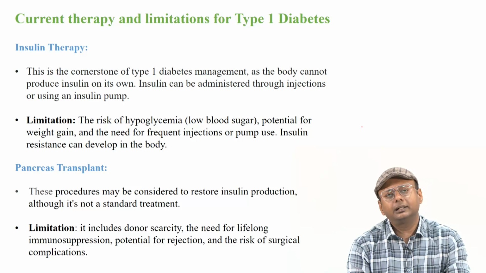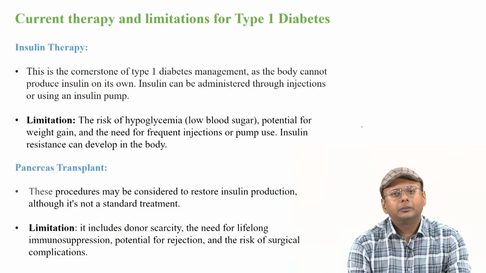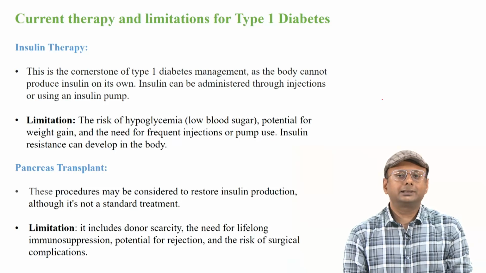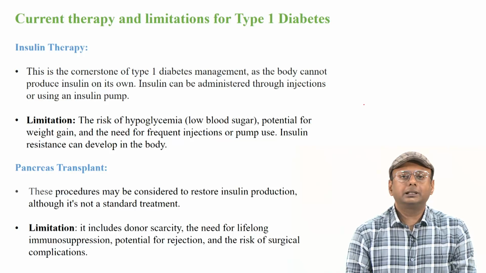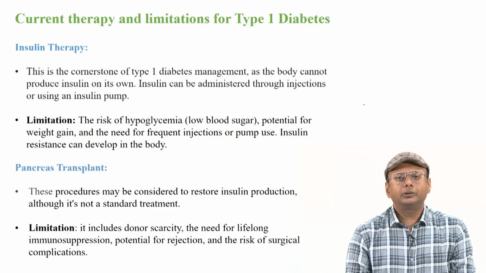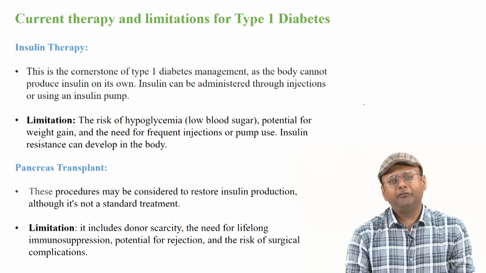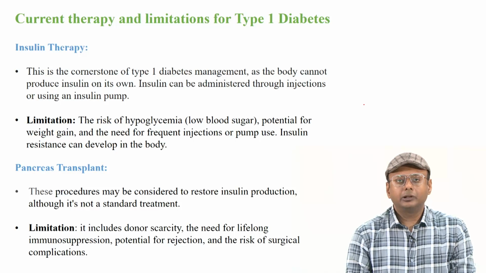The second most important therapy is the organ transplant, or the pancreatic transplant. But the problem is, how many donors are actually there, right? Even in the US, the government data says not more than 10 to 20 pancreatic organ donations actually happen. So you can understand, although this can be effective, the numbers are very low.